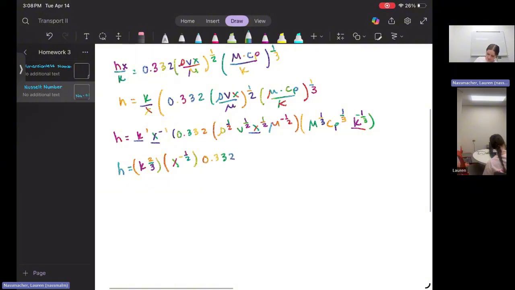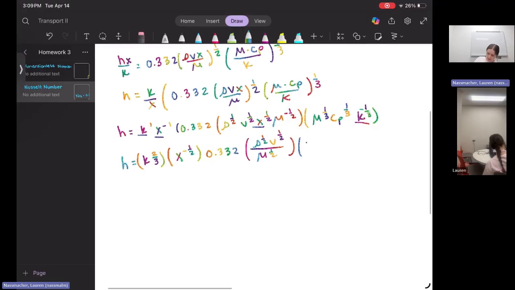Then we have our 0.332, our density to the 1/2, our velocity to the 1/2. Those are not going to change, over our mu to the 1/2. We're just going to keep these. We're going to keep the mu's separated. It's just easier to think that way. And our heat capacity.